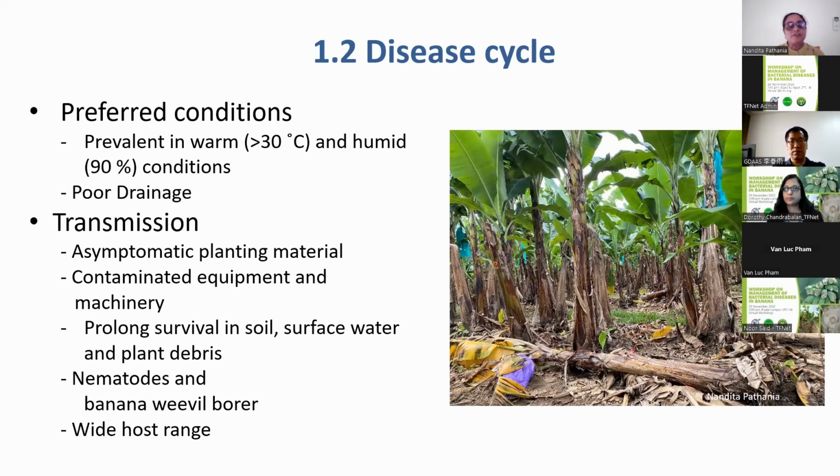The transmission is often introduced through asymptomatic planting material, especially in newly opened plantations, and then it is spread through contaminated equipment and machinery during interculture operations like desuckering and deleafing, and it can survive long in the soil surface, surface water, and plant debris. Nematodes and banana weevil borer damage make plants more vulnerable to bacterial corm rot. And this pathogen has a wide host range, so it can survive longer in the fields.